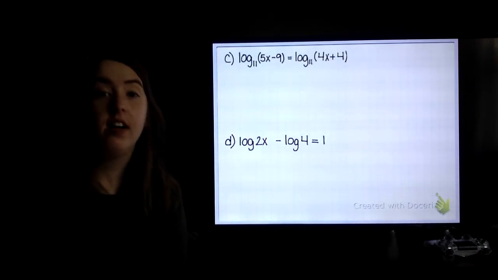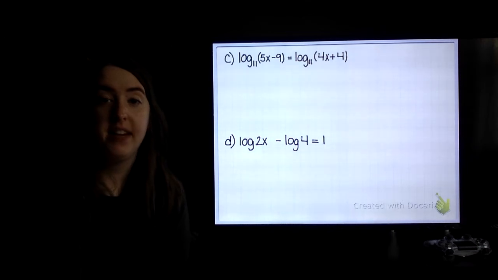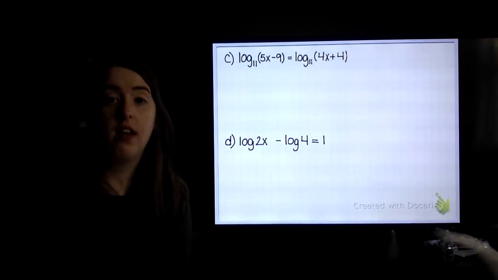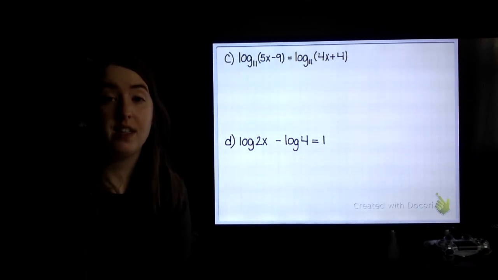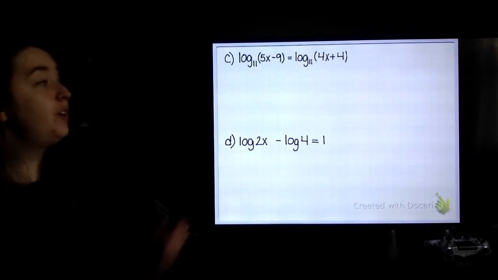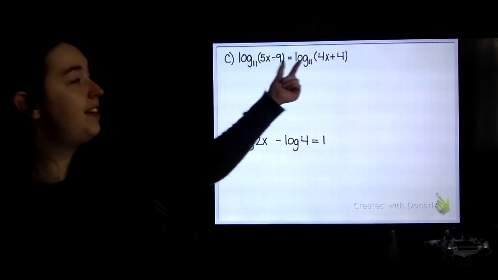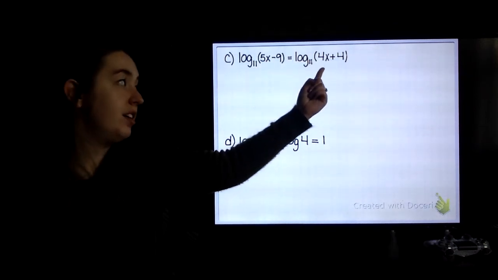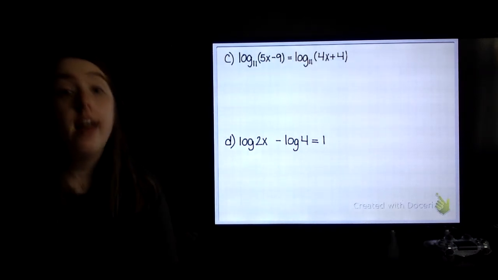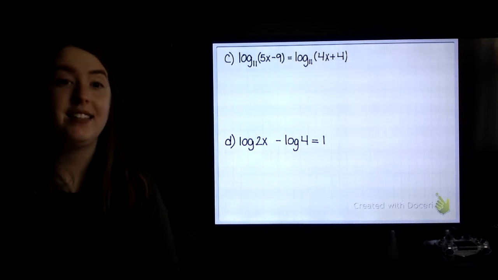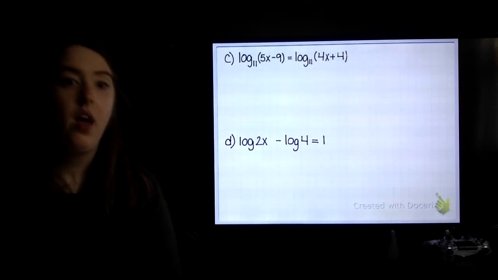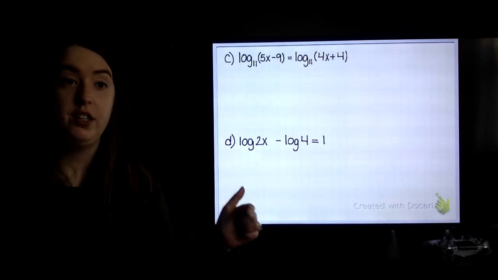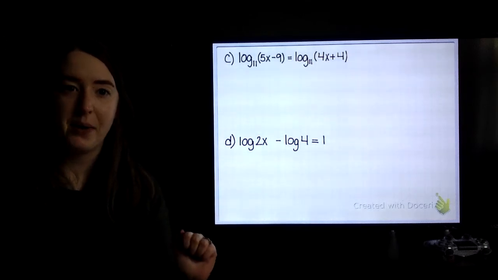Now we have log base 11 of 5x minus 9 is equal to log base 11 of 4x plus 4. So if we notice, we have the log base 11 on both sides, so that must mean that the insides are equal to each other. Another way of thinking about it is that log base 11 is made to undo something to the 11th power.